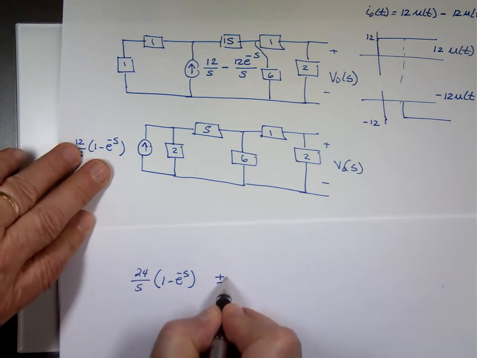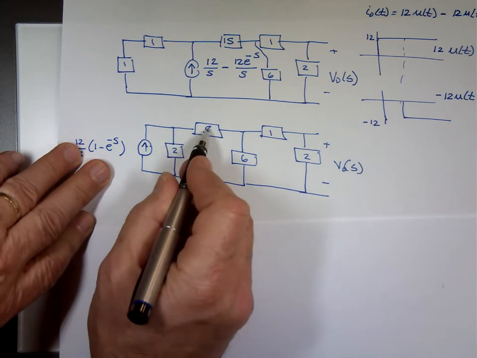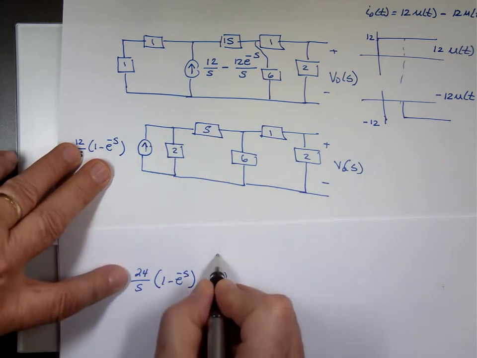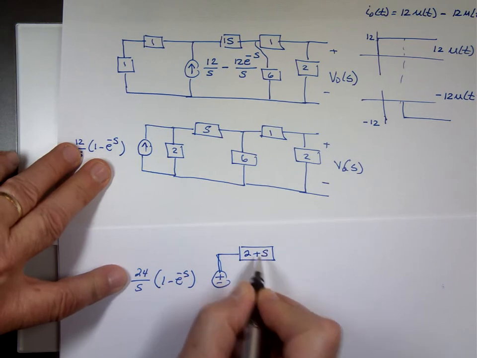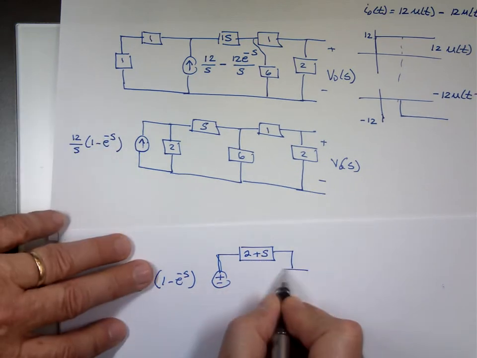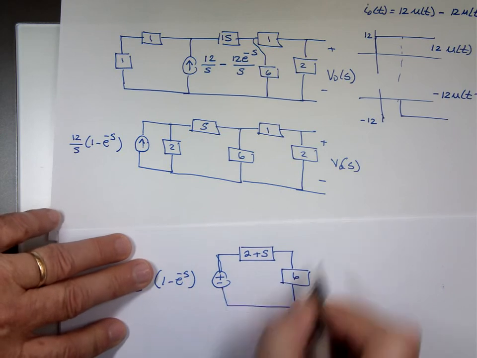And what happens at 2 ohm? It goes on the top. What can you do with the 2 ohm and the S there? You can combine them, make it 2 plus S. So if you don't want to do 2 equations by 2 unknowns, you keep simplifying.